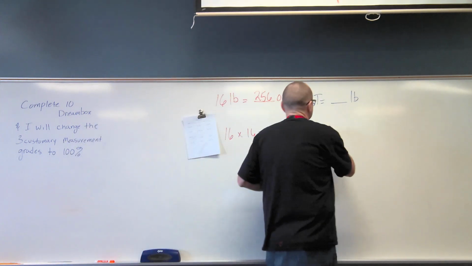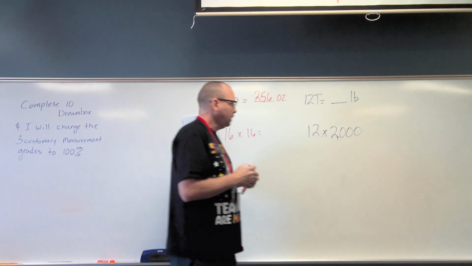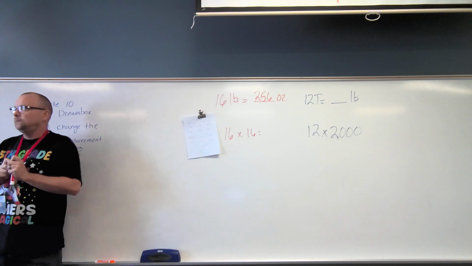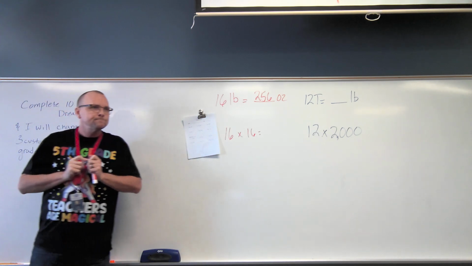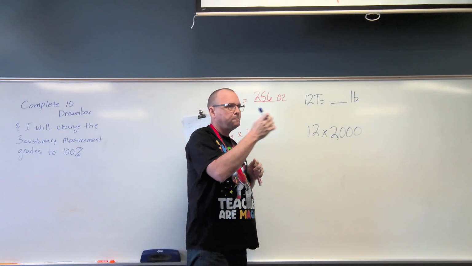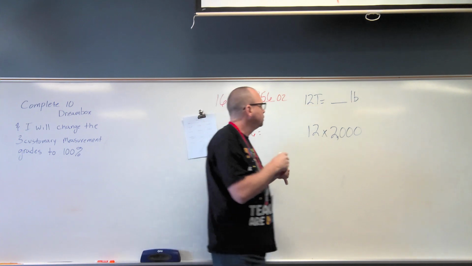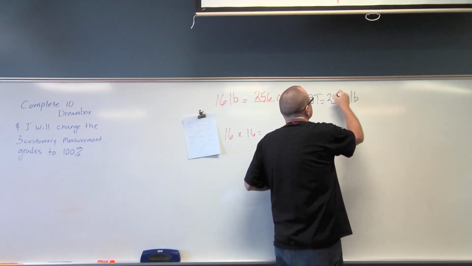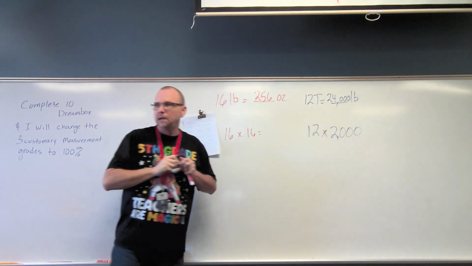Because there are 2,000 pounds in 1 ton. And 12 times 2,000 is what, Jonah? 24,000. Good. 24,000 pounds.